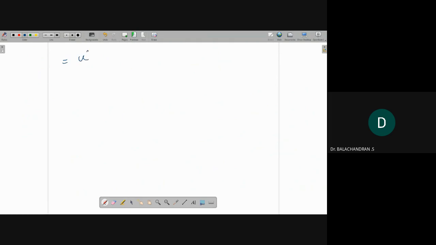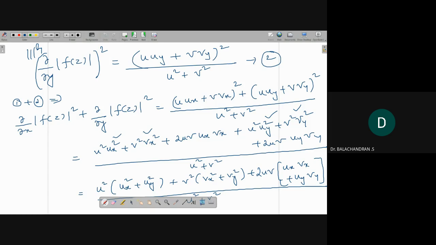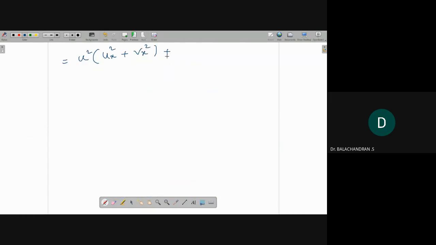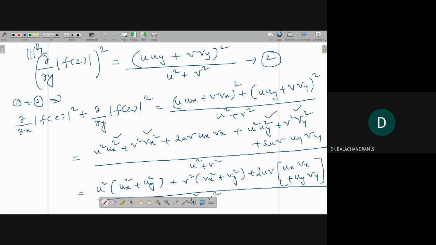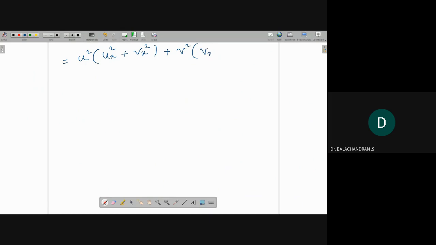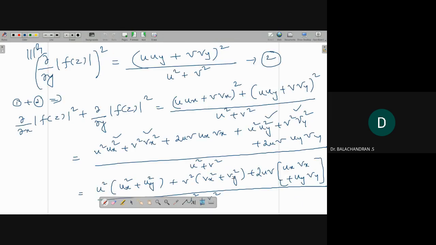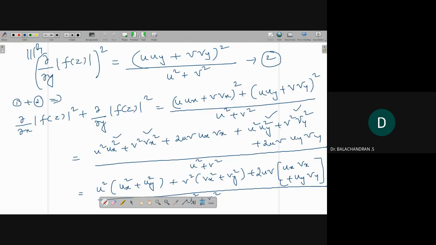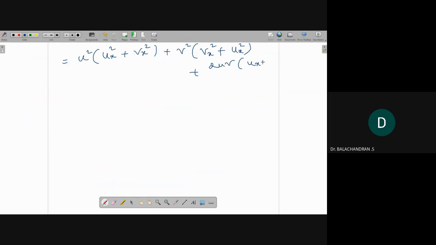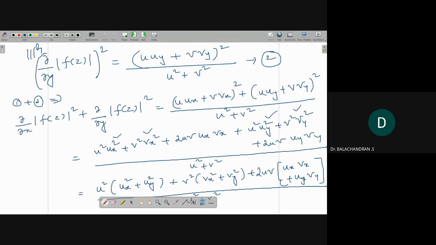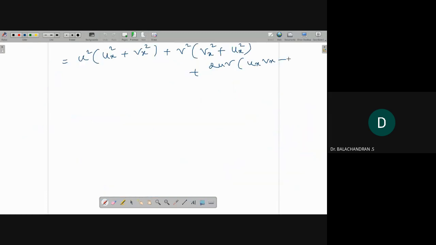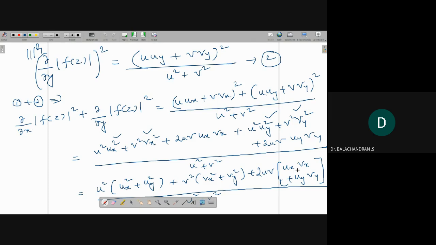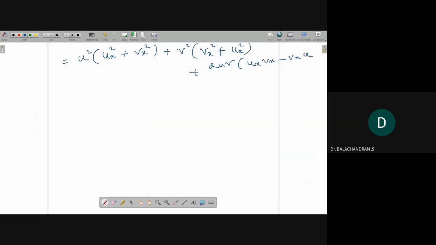It equals u square into (ux square plus vx square) plus v square into (vx square plus vy square, which is ux square) plus 2uv into (ux into vx minus, again applying CR equation, uy is minus vx and vy is plus ux, so that term is 0) divided by u square plus v square.